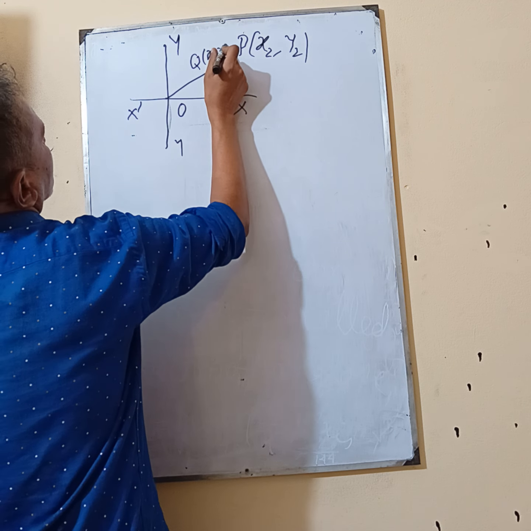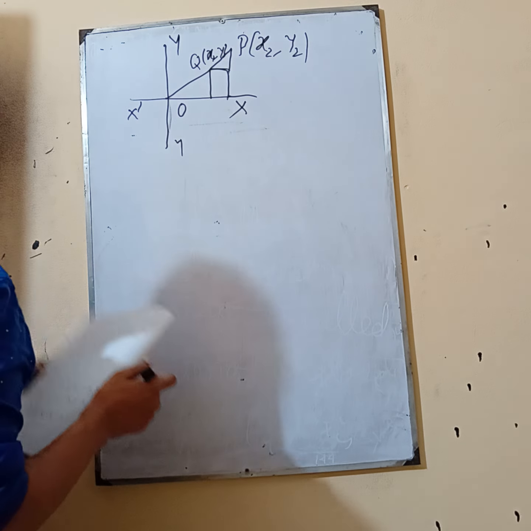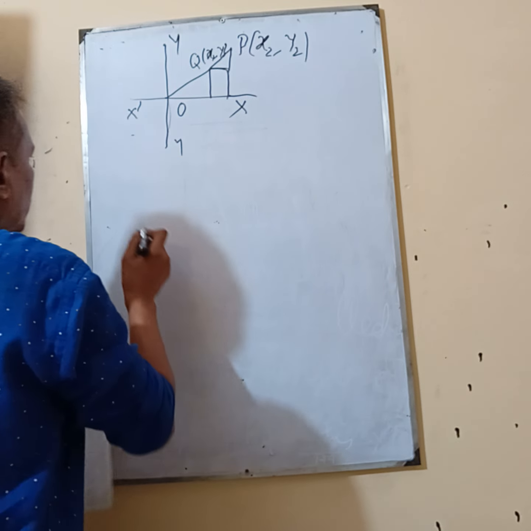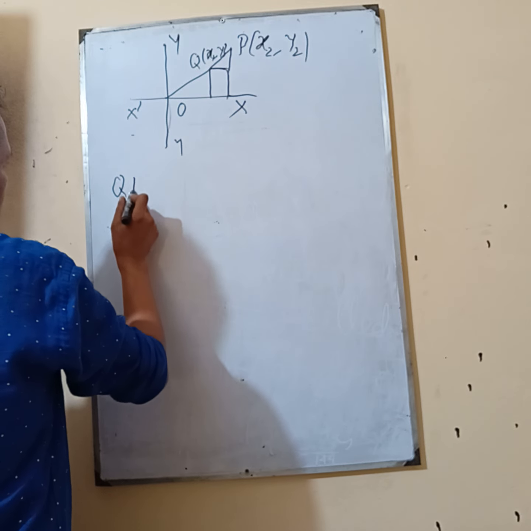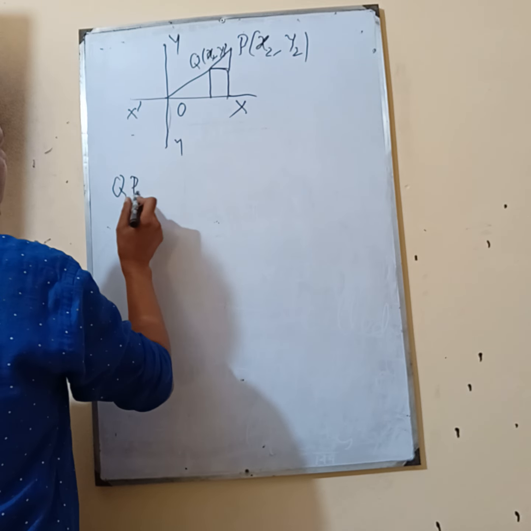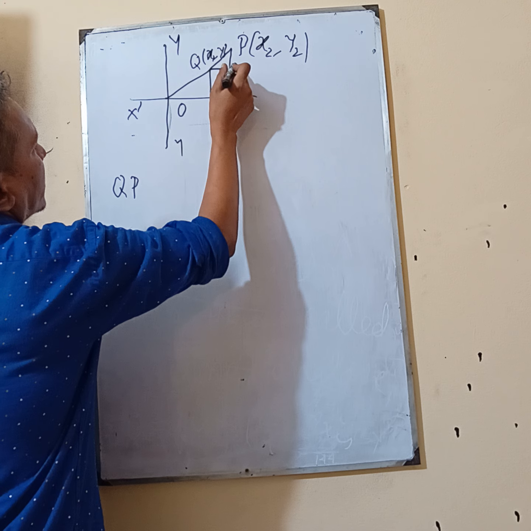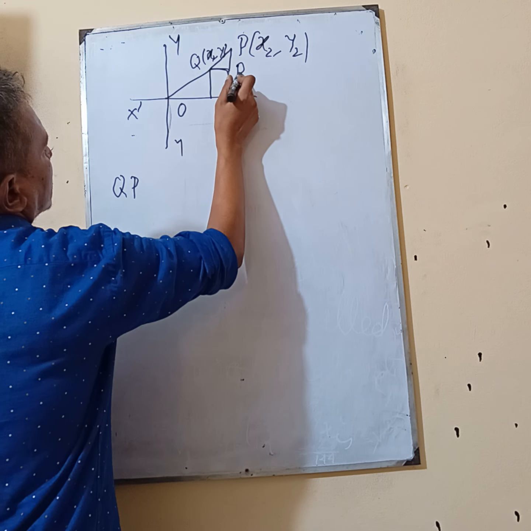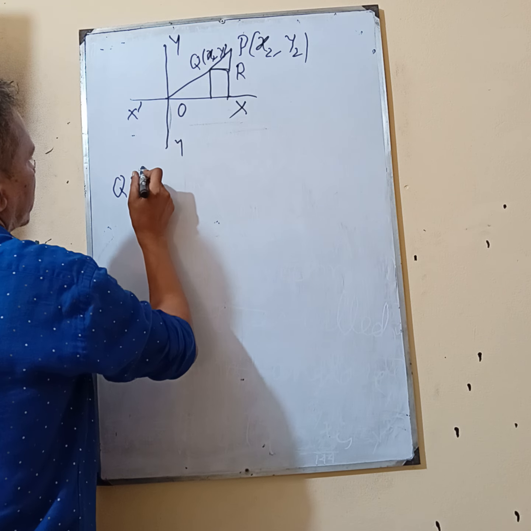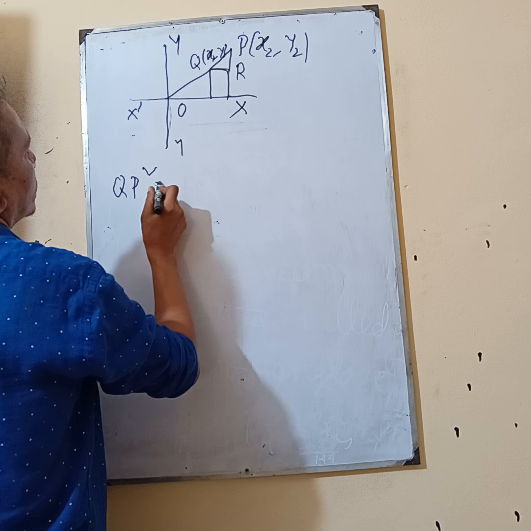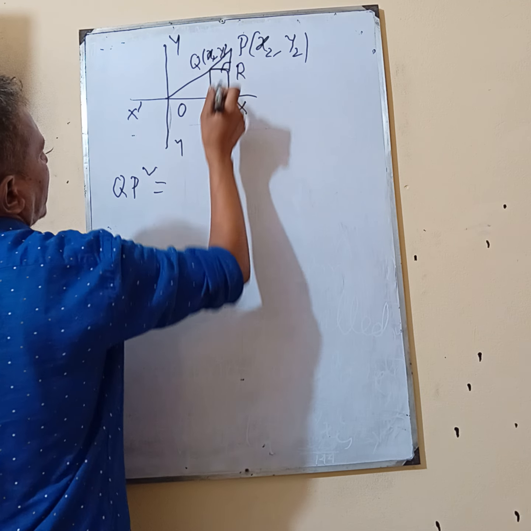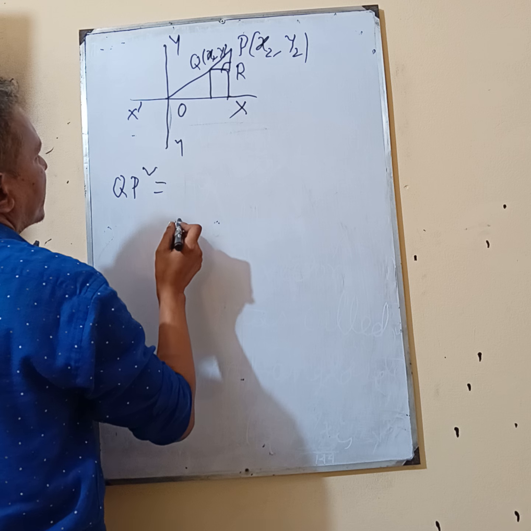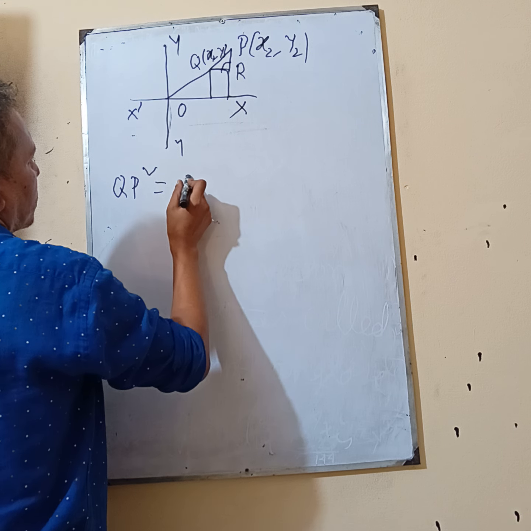So if I calculate the PQ or QP length, QP length depends on triangle PQR. QP square, with the 90 degree angle, QP is the hypotenuse, and by the Pythagoras theorem, QP square equals QR square plus PR square.